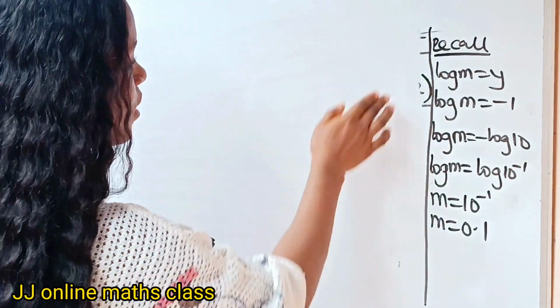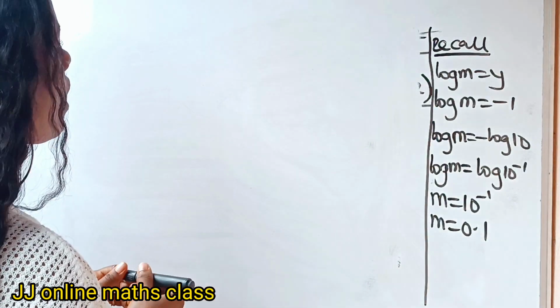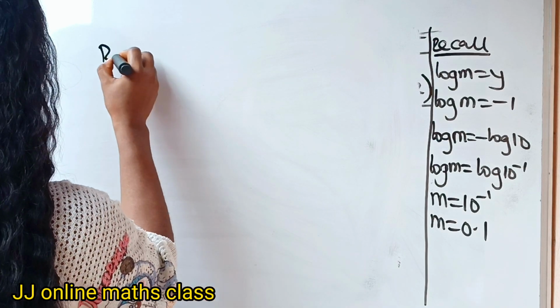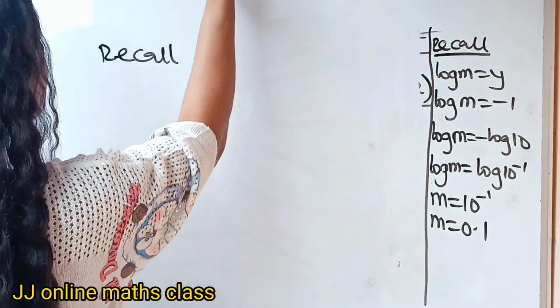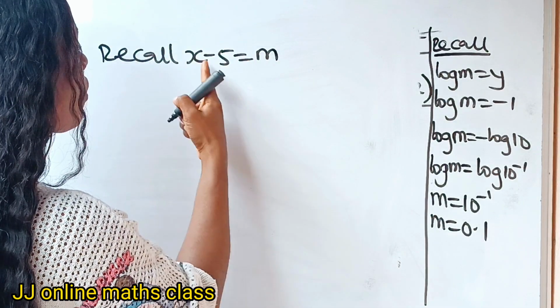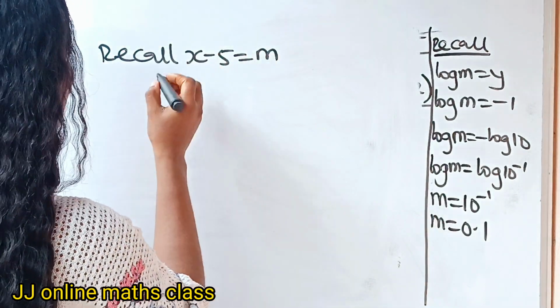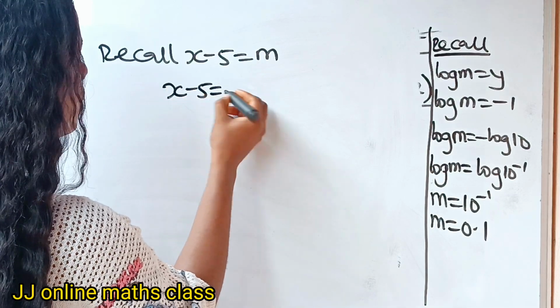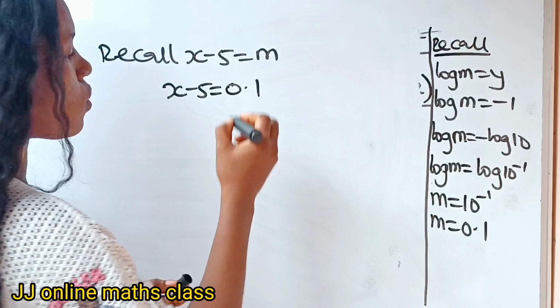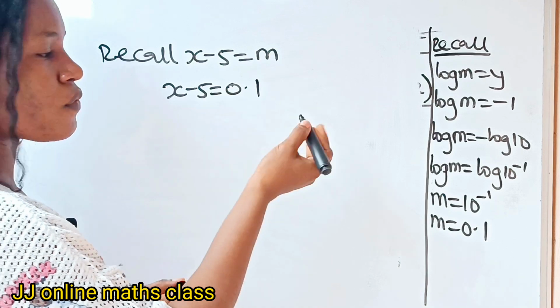So our m is equal to 0.1. Now recall that we wrote somewhere that x minus 5 is equal to m. So we can write that x minus 5 is equal to 0.1. Now we can add 5 to both sides of the equation.